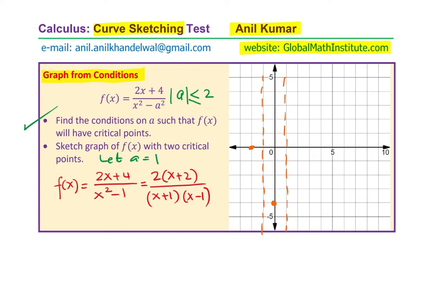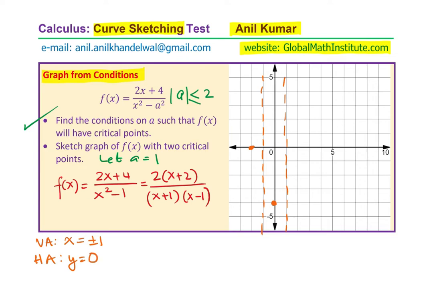So let me write down what we have from here. So from here we have vertical asymptotes at x equals plus minus 1. We have a horizontal asymptote, which is y equals 2. So y equals 0, sorry. Since the degree of numerator is 1 less than denominator, so y equals 0.